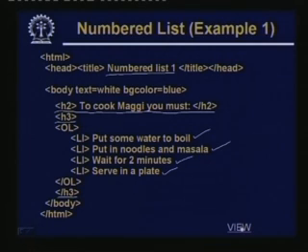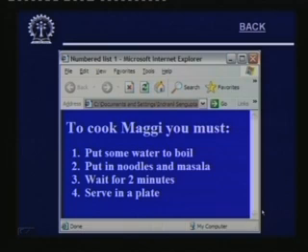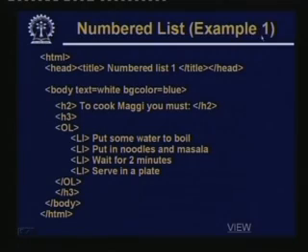It will look like this. The H2 heading will come on top, to cook Maggi you must, and within that are the 4 list items, and the numbering scheme we have used is 1, 2, 3 and 4. So, this example shows how you can use the default numbering scheme.